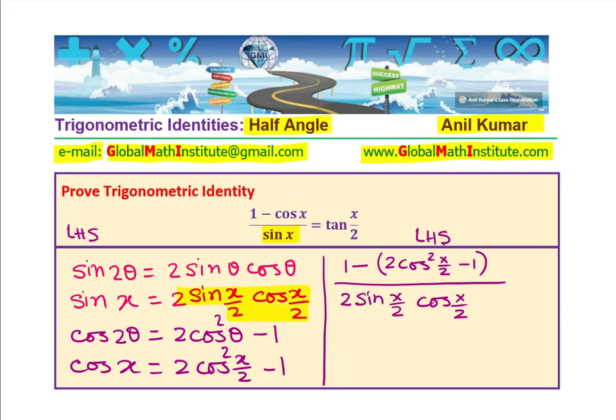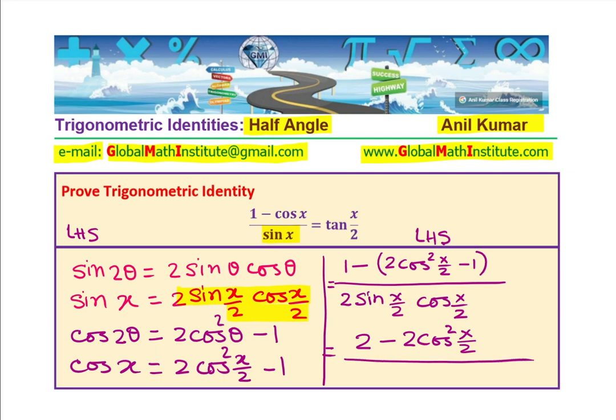Make sense? Now, once you open the brackets, then 1 minus of minus 1 makes it 2, right? So in the numerator, we get 2, and here we have minus 2 cos square x by 2, right?